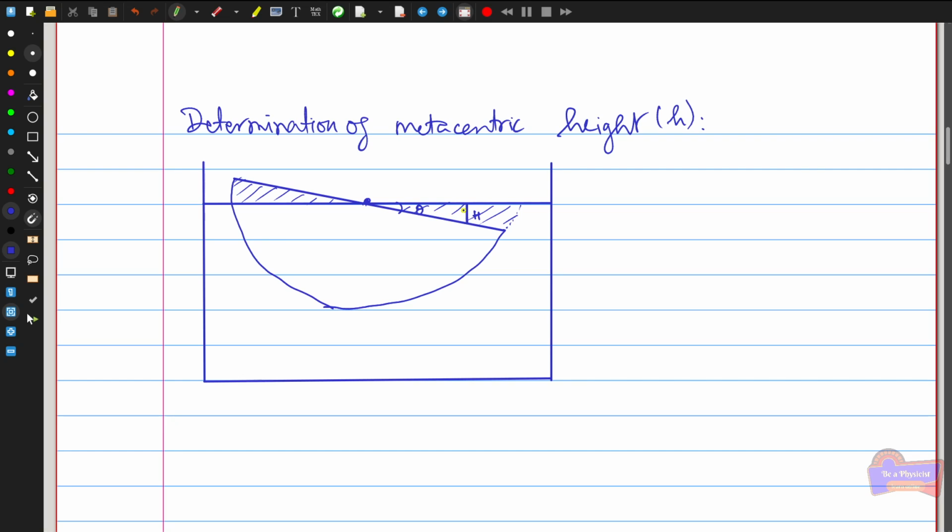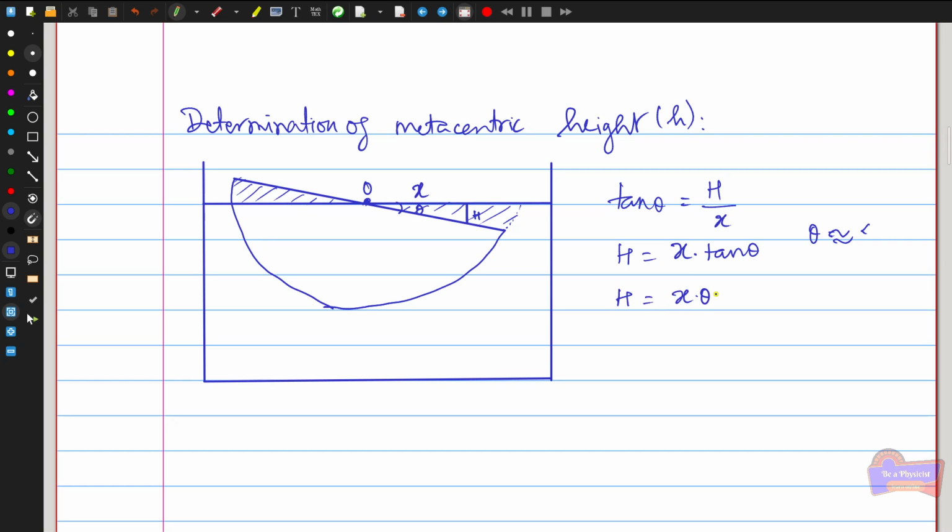If you consider a small portion having height h, at a distance x from this origin O, then tan theta can be written as h divided by x, so the height is equal to x times tan theta. If theta is very small, I can replace tan theta with theta, so that h is equal to x times theta.